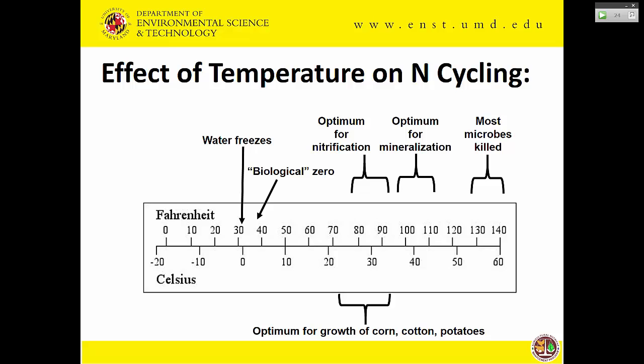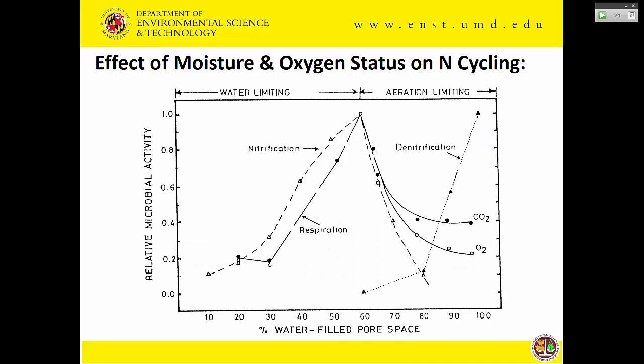Here we are at freezing, and as you see, most of the reactions, mineralization and nitrification, are not going to happen until you are in the mid-70s, all the way up to 100. The good thing is this is also the temperature zone that's optimum for growing most plant species. So there's a good correlation: if you have enough temperature, these processes will happen that make nitrogen available for plants.